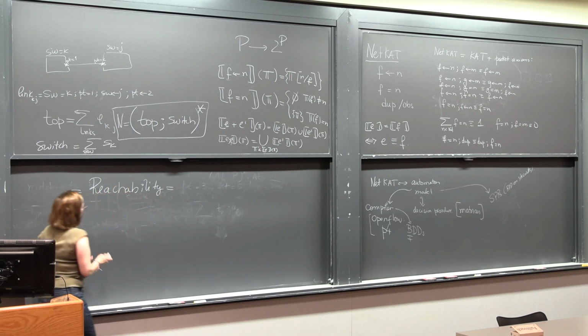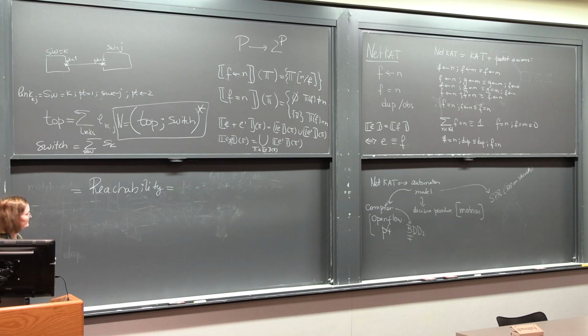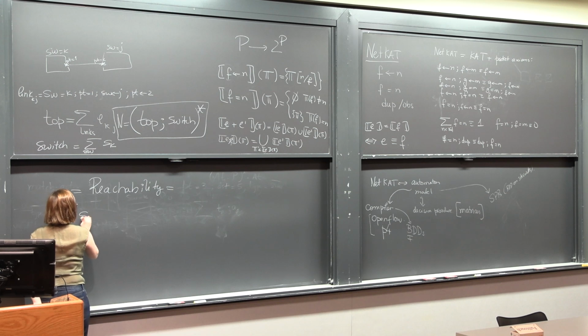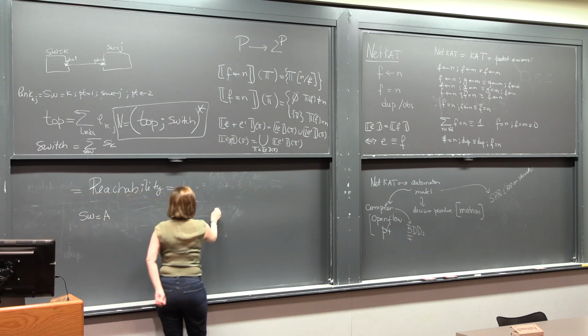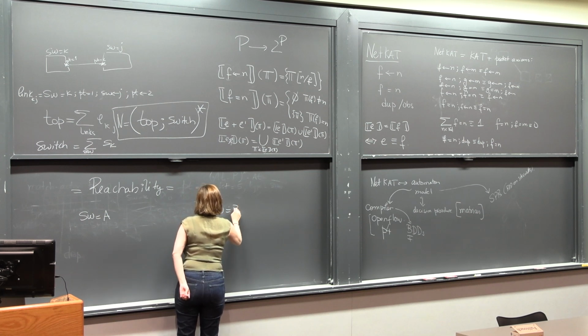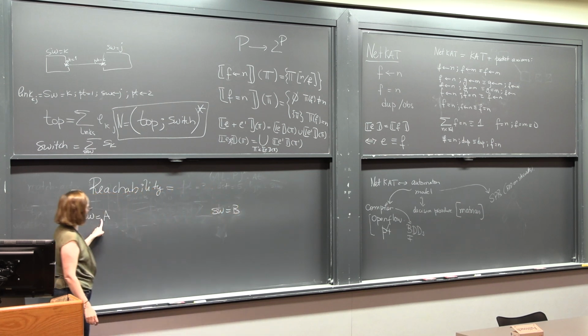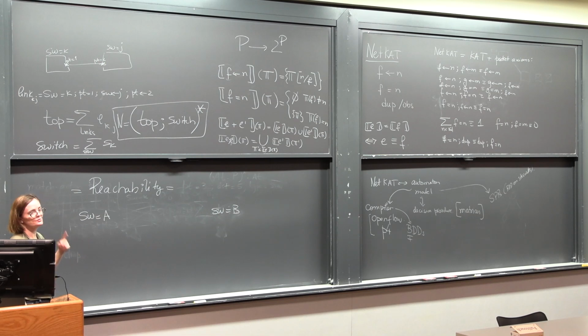Okay, so what does reachability look like in NetKAT as a NetKAT property? Let's talk about point-to-point reachability. So I have some switch A and some switch B. And I want to ask the question, can I get from switch A to switch B somehow? So is there a packet that will transport me from A to B?